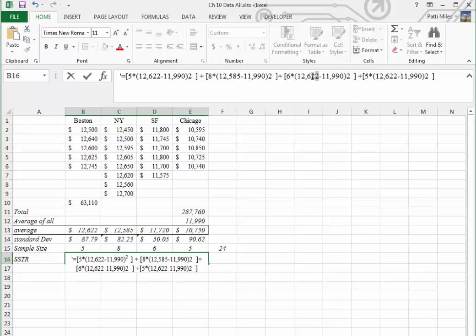It'll be not 12,000, but actually 11,720. And then this last group down here is 10,730. And all of them will be subtracted by 11,990, and all of them will be squared.